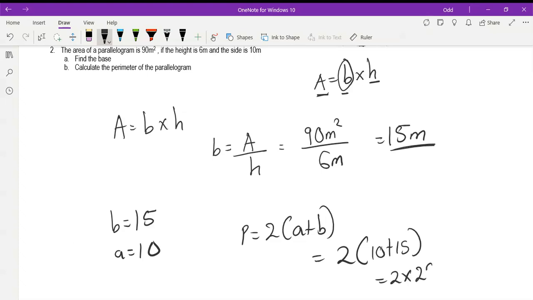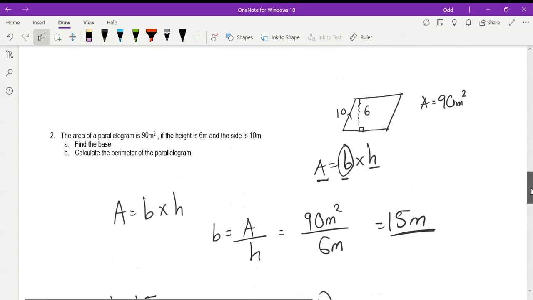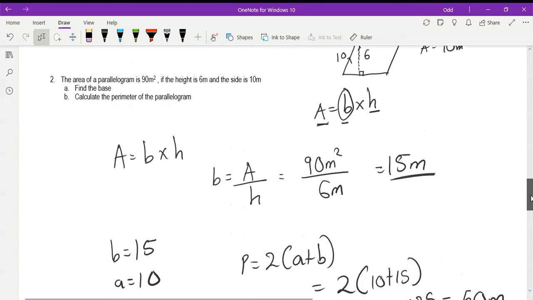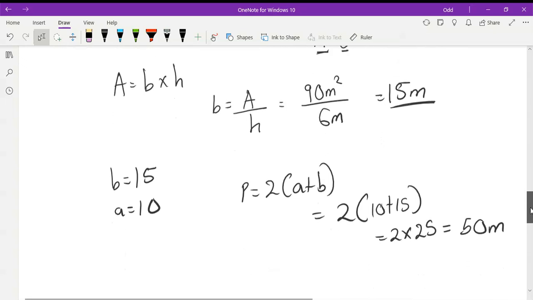That's 25, so the perimeter will be 50 meters, while the area is 90 meters squared and the base is 15 meters. So that's how you can calculate the area and perimeter of a parallelogram.